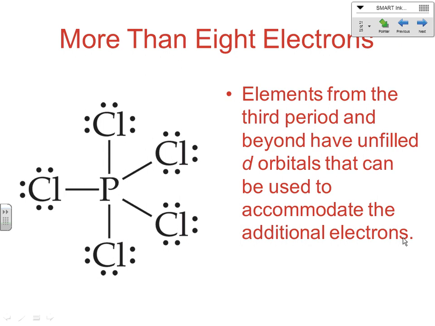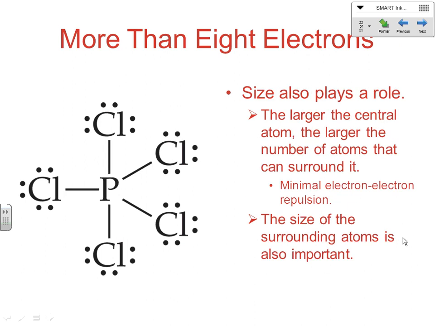So in the case of phosphorus, we have a nearby 3d that doesn't have any electrons in it. So that gives us basically the room for having additional electrons in there. So you'll see this typically in period 3 on the far right-hand side of the periodic table and below. So something like phosphorus, something like arsenic, and so forth.